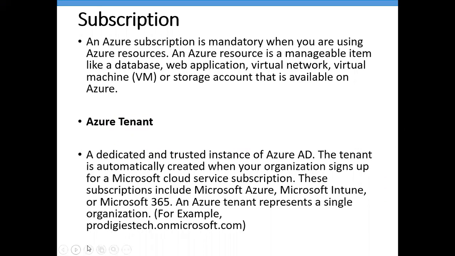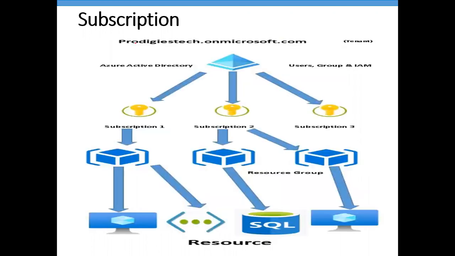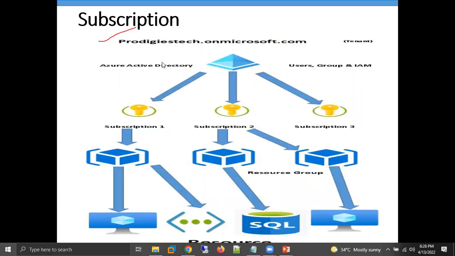Now, the next is Azure Tenant. Whenever we create our Azure account, by default the system will create one tenant. Now, what is this tenant? Tenant is the topmost thing we have whenever we create our Azure account. Let me show you that also.